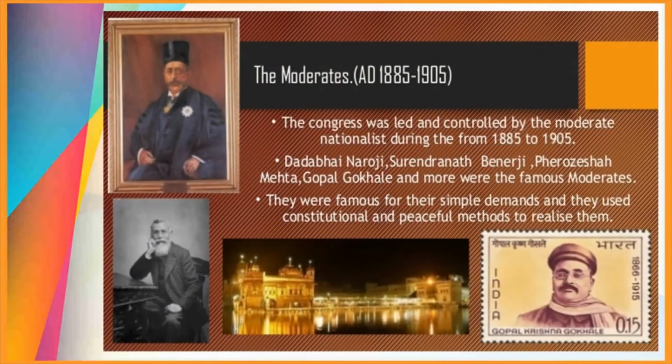Moderate phase. The early 10 years after the establishment of Indian National Congress, the period between 1885 to 1905, is known as the period of moderates, or we call it the moderate phase.